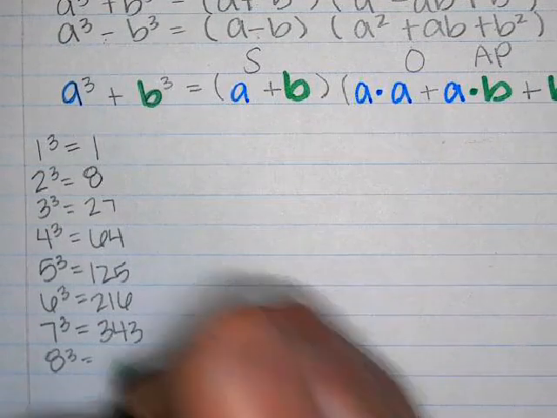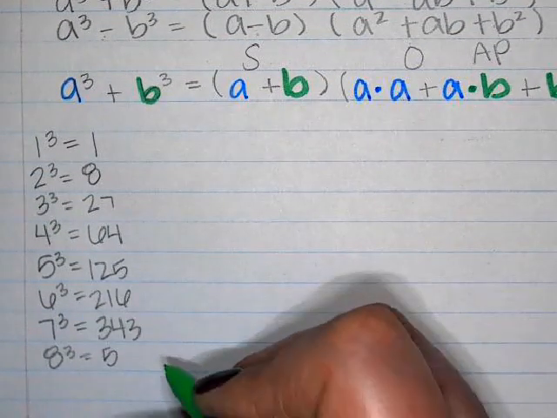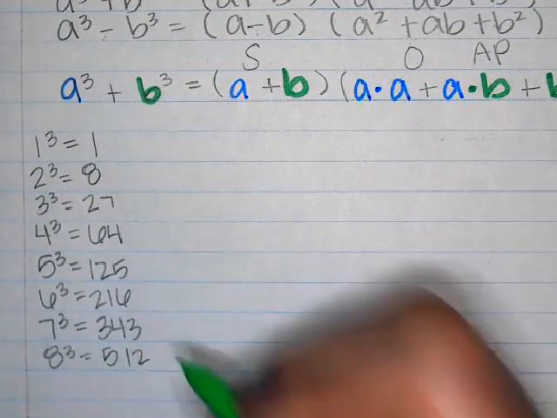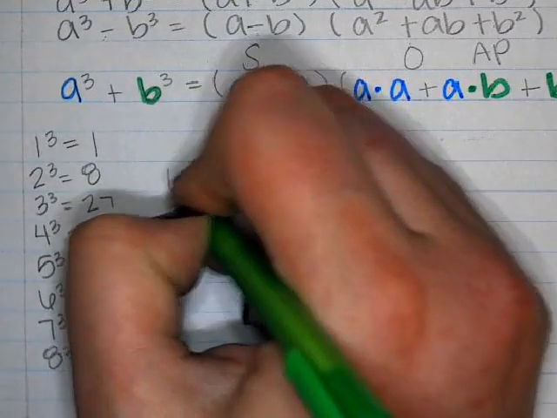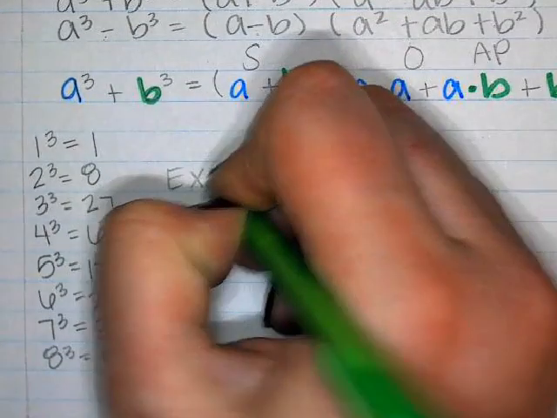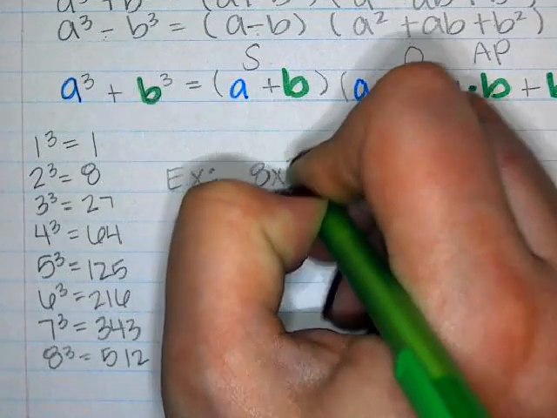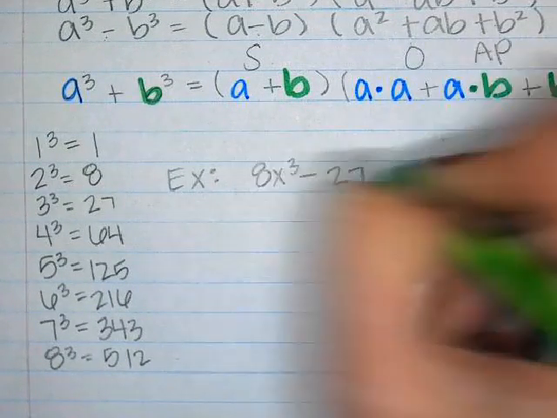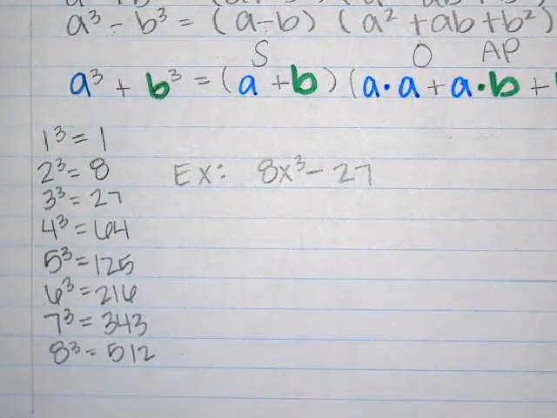We're going to write 8x to the third minus 27. So the first thing we want to do is find out what our A value is and what our B value is so that we can plug things into the pattern. So I need to write this as something to the third minus something to the third.